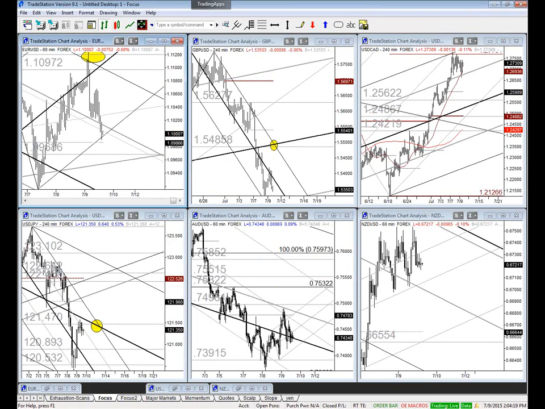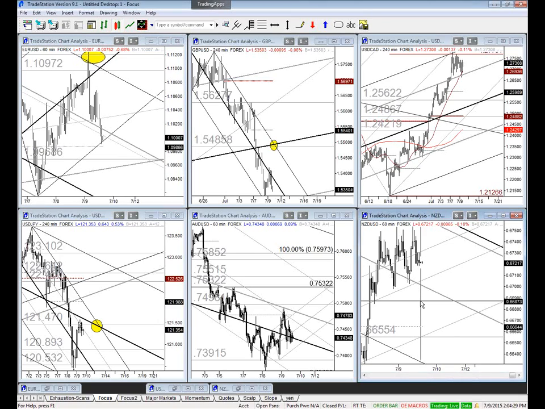Raj is asking a question about pointing out big topping patterns like the Kiwi yen topping pattern, and then we forget about them. Yeah, so I get it. I point out these big opportunities, and in order to trade these big opportunities, you need to take some pretty big risk.